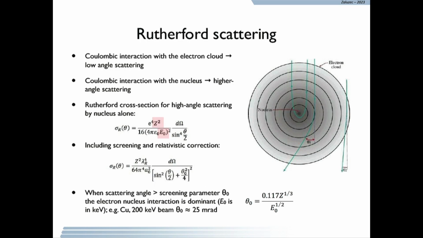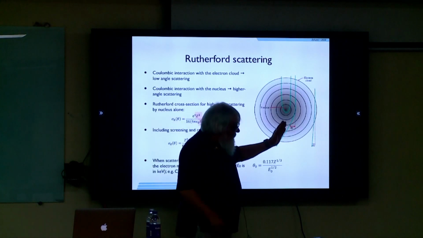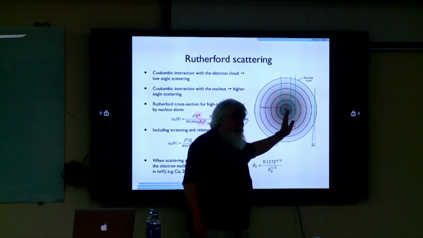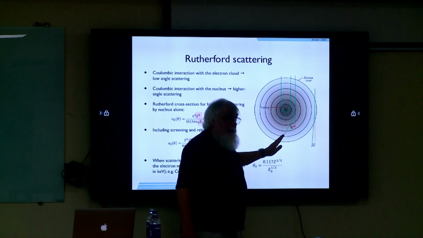All right, how do we get contrast in STEM? Particularly, how do we get this high angle contrast in STEM? It's mainly due to atomic number scattering, Rutherford scattering. In Rutherford scattering, the electrons come in, they interact with the nucleus of the material, and they're scattered through a high angle.